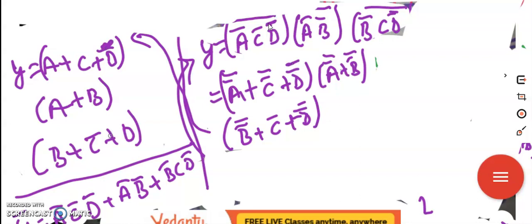And the answer will be A plus C plus D, into A plus B, into B plus C bar plus D. If you compare this with the previous one which has been written over here, you'll be getting the same result.